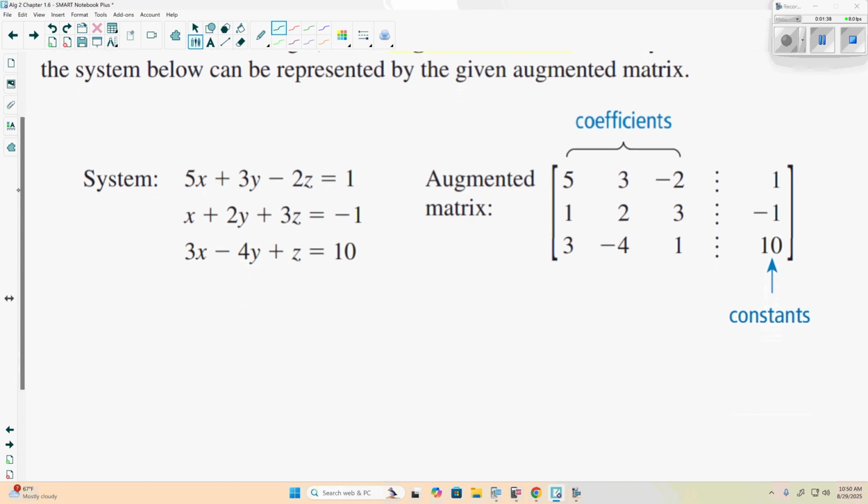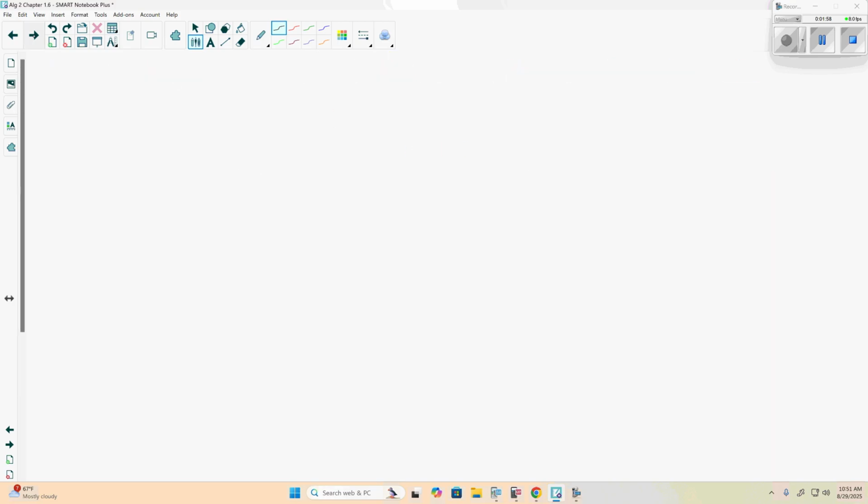So you don't have to write this in. As we write it in, we'll have each equation in the form of x, y, z equals a number, and we take the numbers in front of it. So the first equation is 5x plus 3y minus 2z equals 1. So the coefficients would be 5, 3, negative 2, and then 1. And we would do that all the way through.